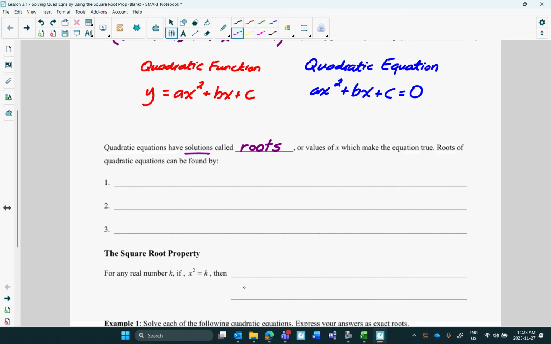There's 3 different ways we can solve quadratic equations. And it all depends on what the quadratic equation looks like to begin with. The first one, which we're going to do today, is something called the square root property. We use these to solve pretty simple quadratic equations.